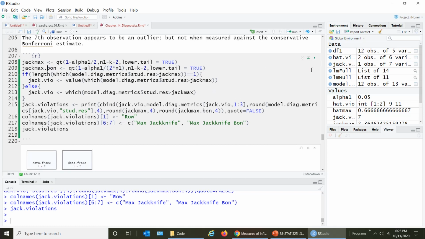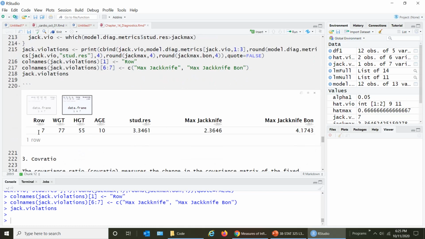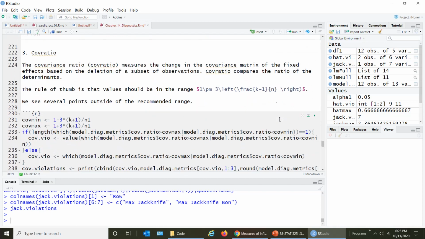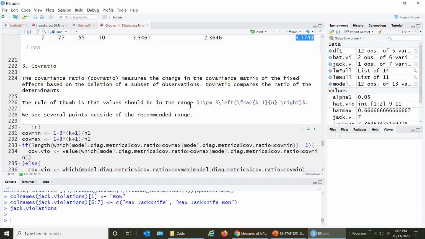We run this and we see that observation 7 keeps popping up. Its studentized or jackknife residual is above the 2.36 max value, but it's not above the maximum jackknife Bonferroni cutoff point.